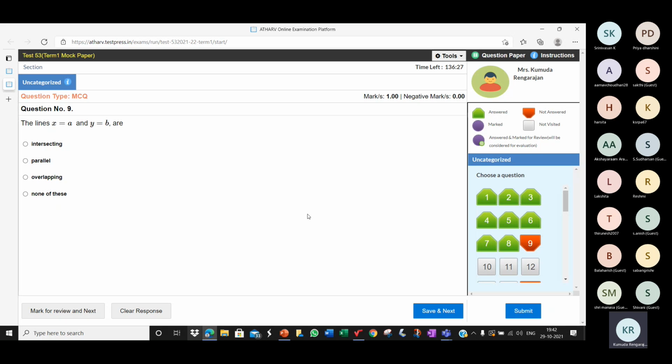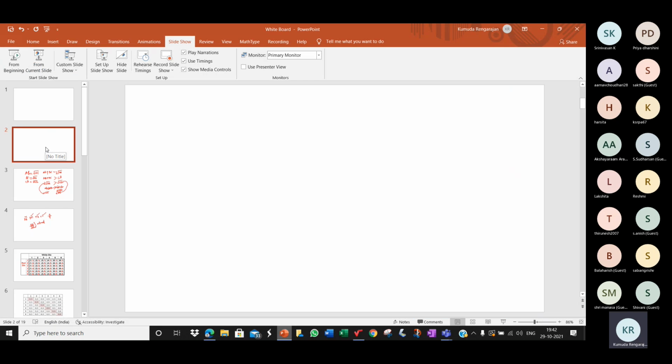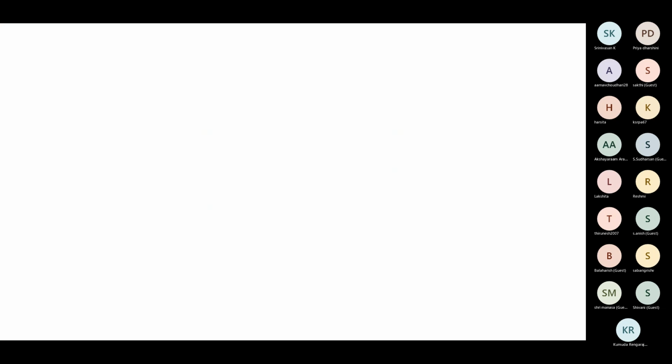So now these two lines will be intersecting, overlapping, parallel, or none? Intersecting. Because x is equal to a will be parallel to the y-axis. It can be anywhere. It can be here, or here, parallel to the y-axis.